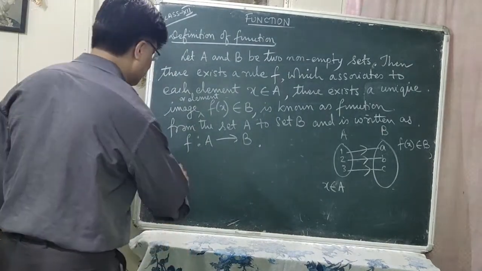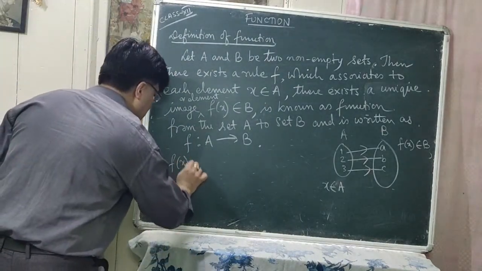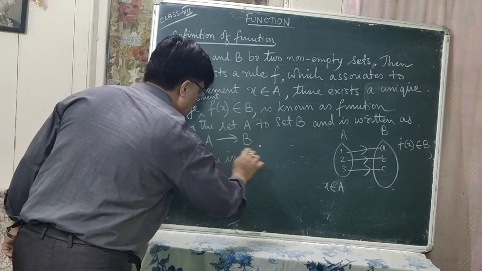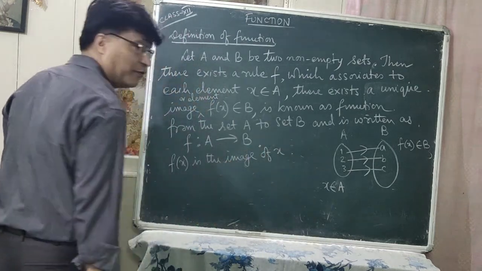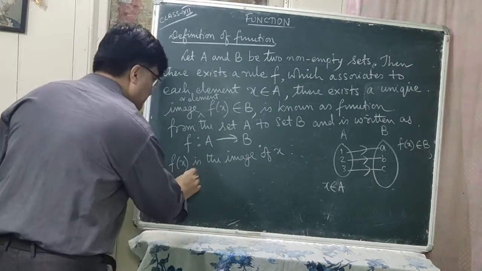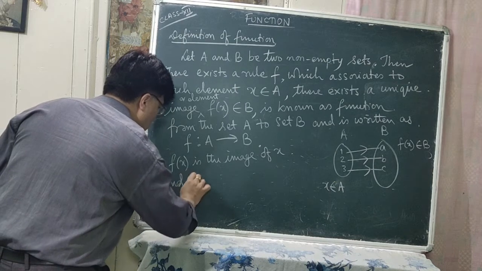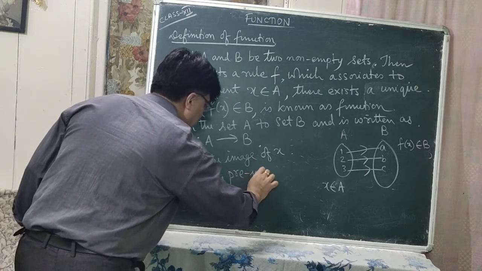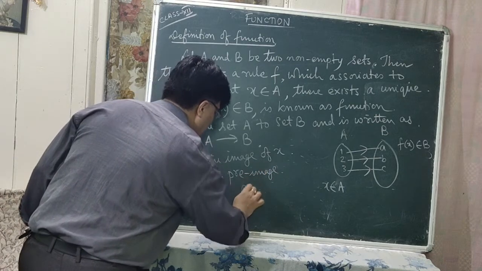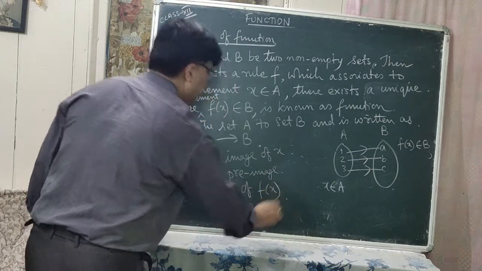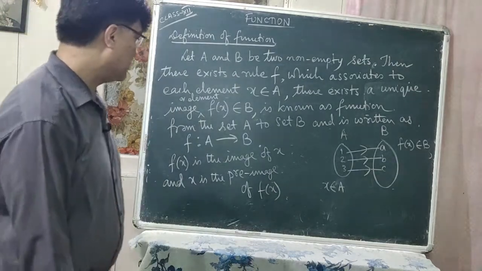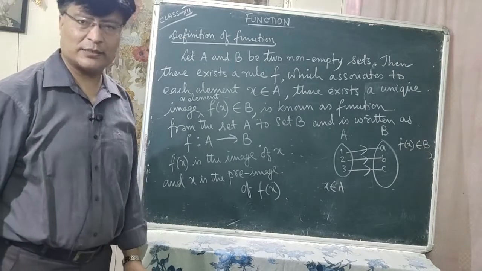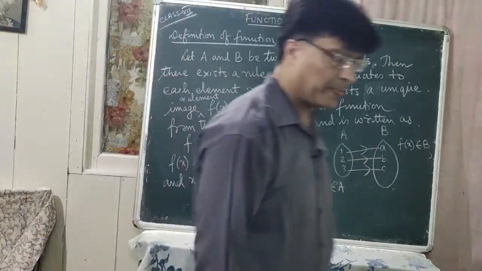So let us write here f of x is the image of x and x is the pre-image of f of x. So you can copy it.